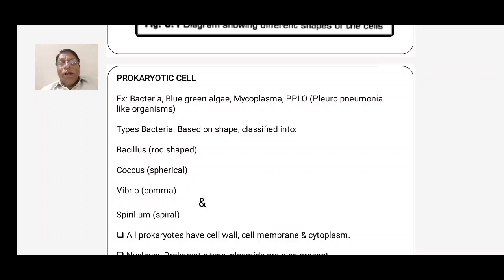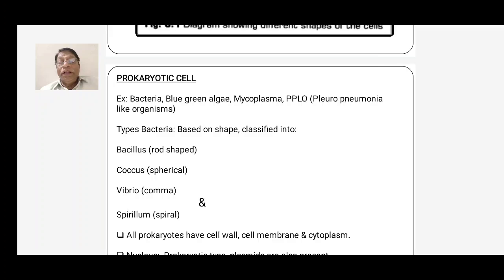These are very primitive organisms. They are smaller and multiply rapidly than the eukaryotic cells.